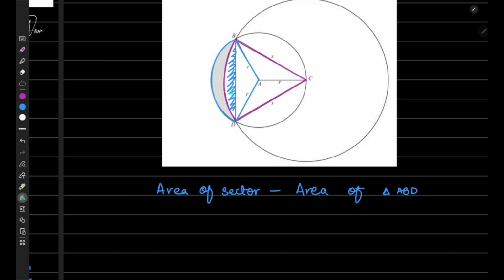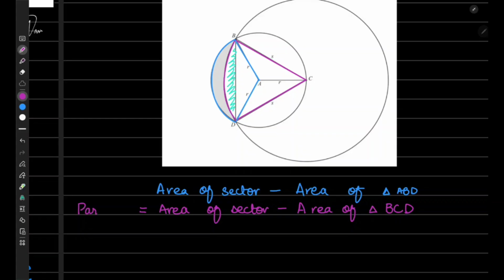To find this part, what we can do is area of this pink sector minus area of triangle BCD will give you this part BD.